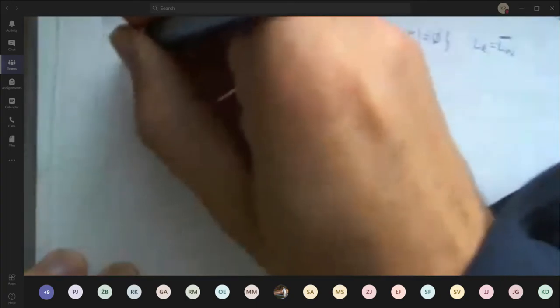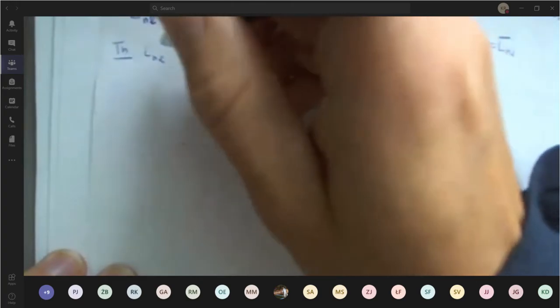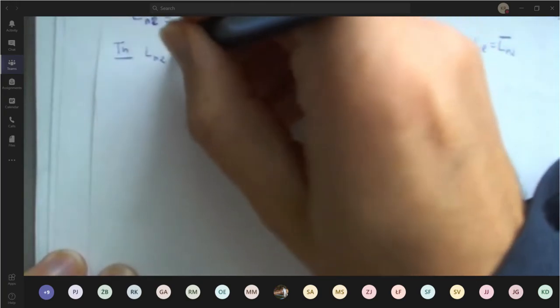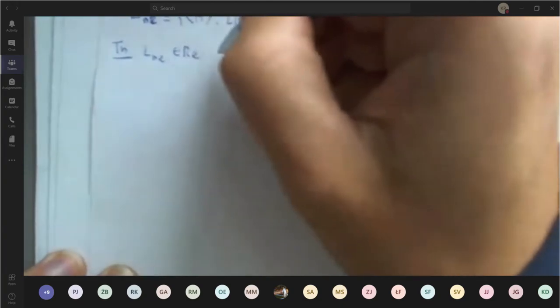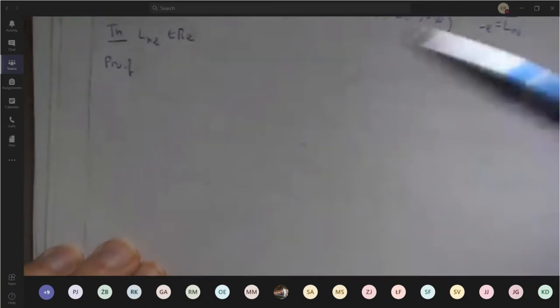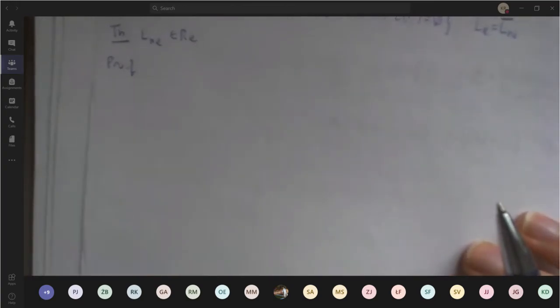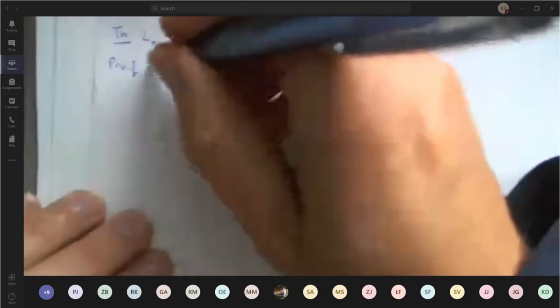So the first theorem is that the language non-empty, LNE, is recursively enumerable. Okay, so we construct the Turing machine.